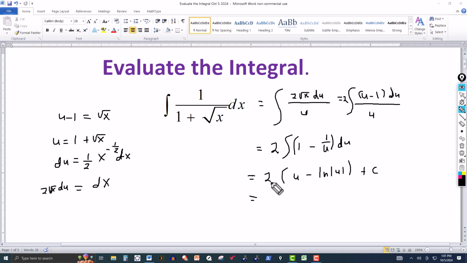So it'll be 2 times u, but u is 1 plus the square root of x. And it's 2 times the natural log, so this will be minus 2 ln of u. And because u is 1 plus the square root of x, and the square root of x is a positive square root, this is always positive. I don't need absolute values here. So this will be ln of 1 plus the square root of x, and then plus the constant of integration.